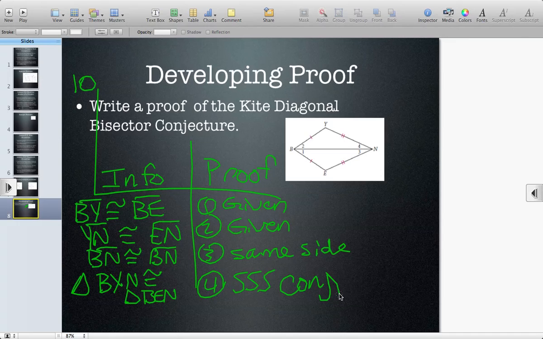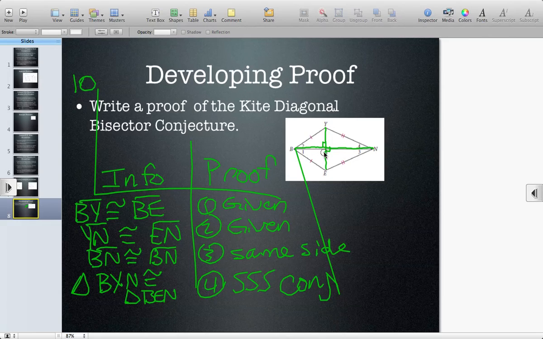Well, remember that the kite diagonal conjecture tells you that the diagonal connecting the vertex angles bisects the diagonal connecting the non-vertex angles. And remember that it not only bisects it, but it forms 90-degree angles. So if you're looking at the triangle, let's look at triangle BYN, for example.